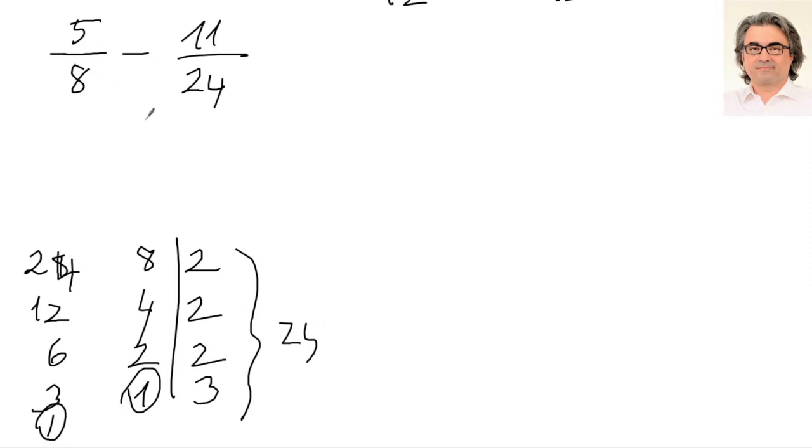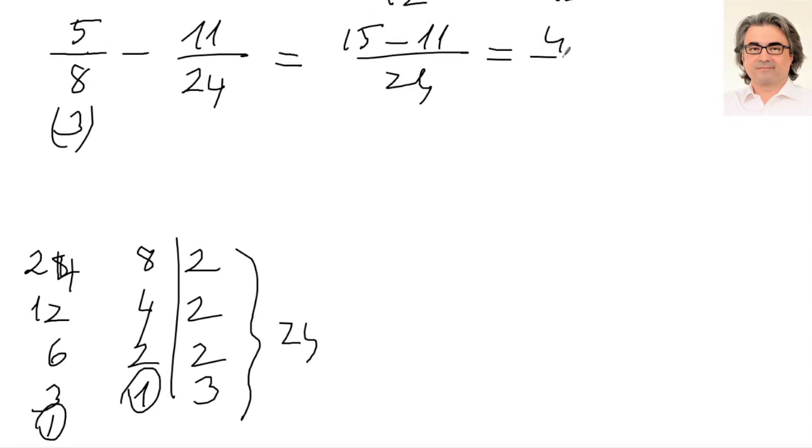So equalize denominators in 24. If you multiply 8 with 3, you will get 24. 3 times 5 is 15. 15 minus 11 over 24. 15 minus 11 is 4. 4 over 24.